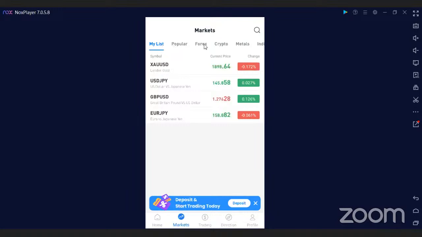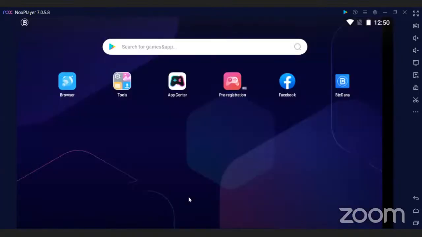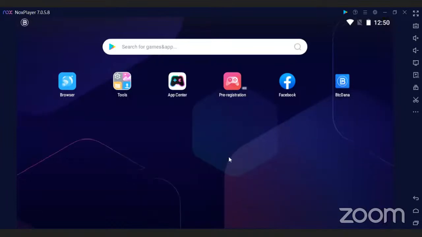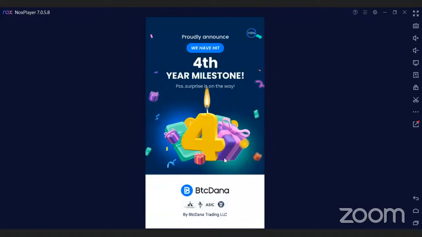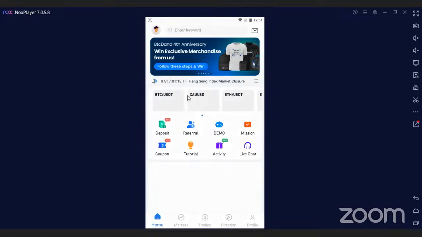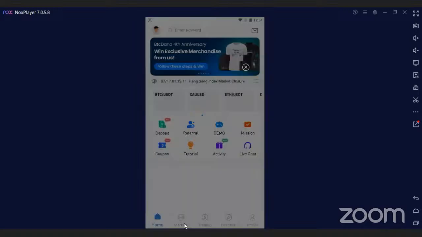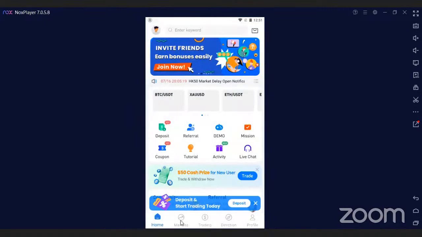If you want to search for any market, on your BtcDana app, you come to the home page like this, then you come to markets.